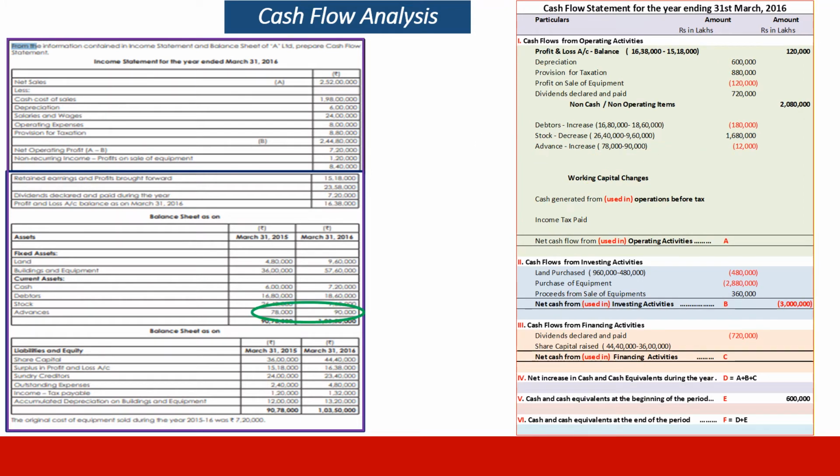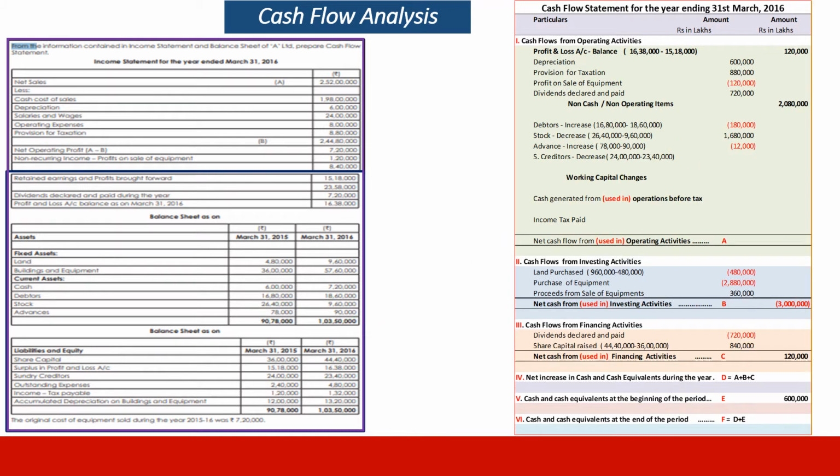Advance has moved from 78,000 to 90,000, meaning we have given more advance during the year, so 12,000 is an outflow. With that, we have covered the asset side. We go to the liability side.